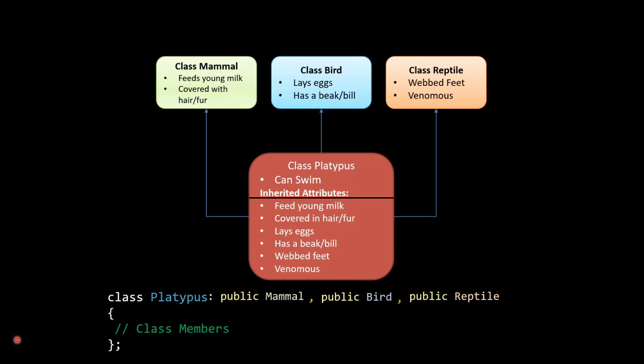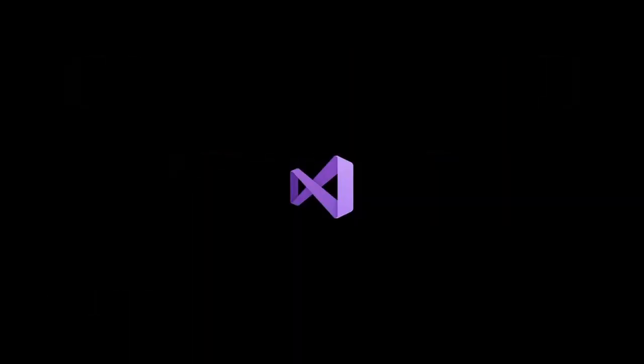Okay, so by doing this, this is the syntax for doing multiple inheritance. This is how we get access to all of the different attributes and functions from mammal, bird, and reptile into the platypus. Simple syntax. So I think now what we'll do is go over to a Visual Studio example.